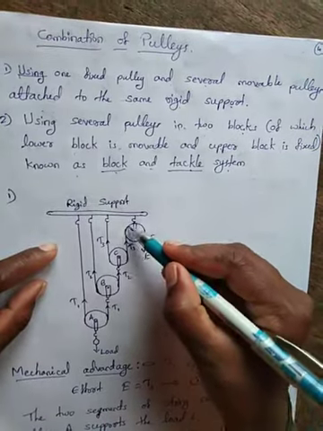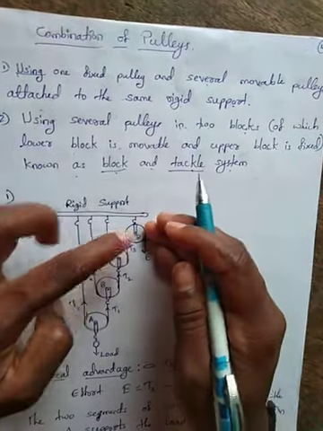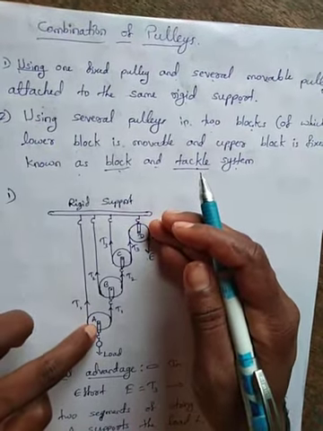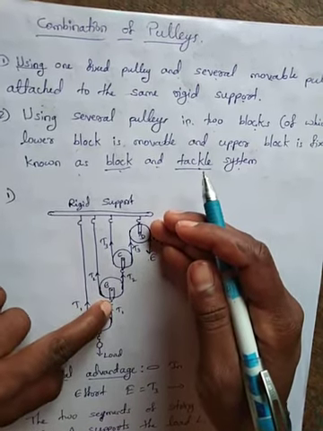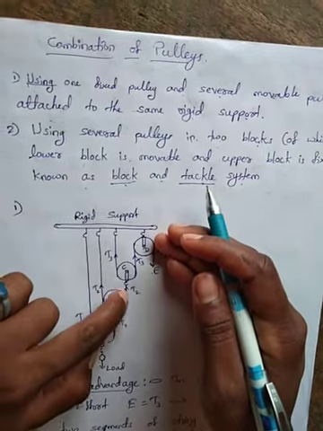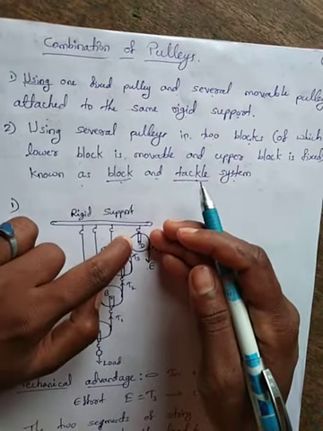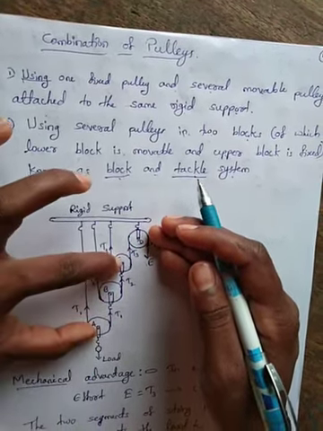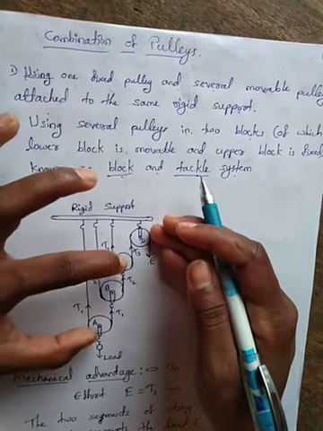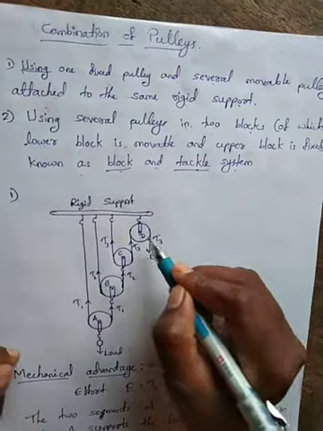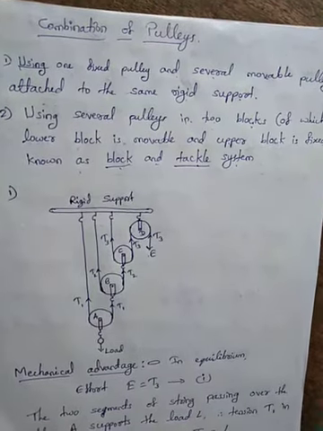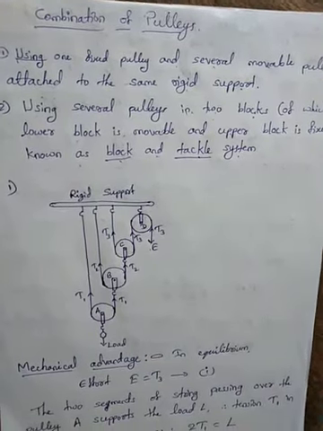This is fixed, so this is a fixed pulley, and this A is attached with this string. It is attached here, and again B is free. This C is also free. So these three pulleys act as movable pulleys, and this D is a fixed pulley.